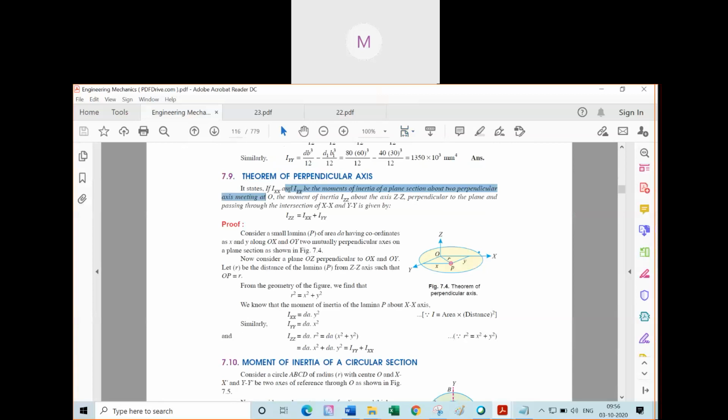If Ixx and Iyy be the moment of inertia of a plane section about two perpendicular axes meeting at O, the moment of inertia Iz, that means about ZZ axis, is perpendicular to the plane and passing through the intersection of XX and YY, and it is given by simple. You add the moment of inertia Ixx and Iyy, you find out Izz. Okay, this is how you find out.